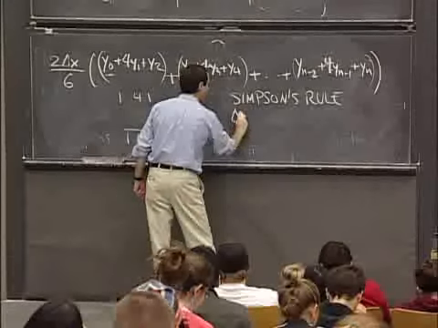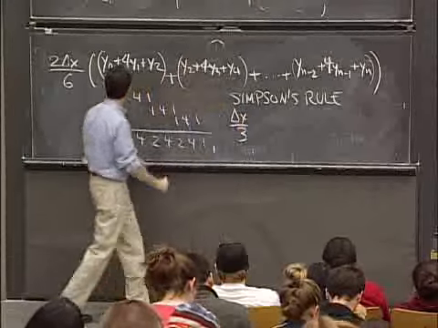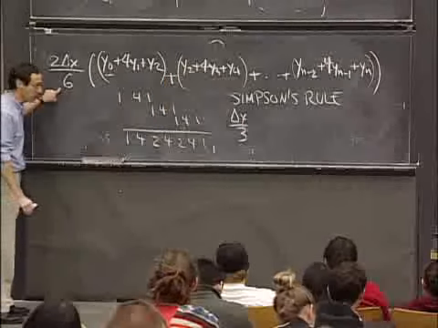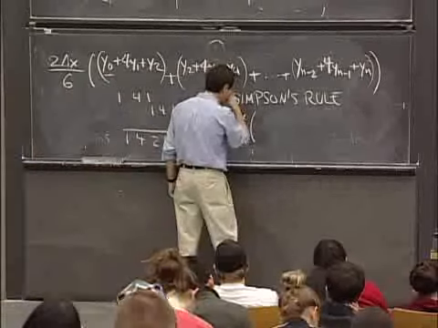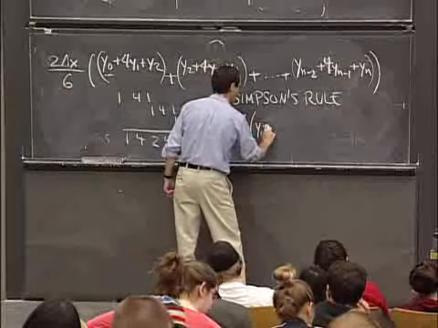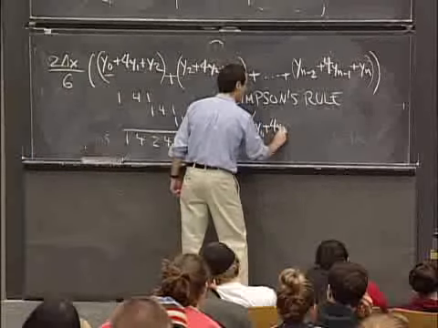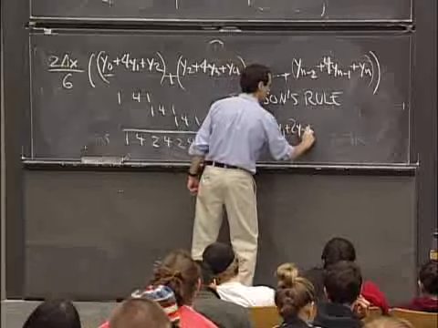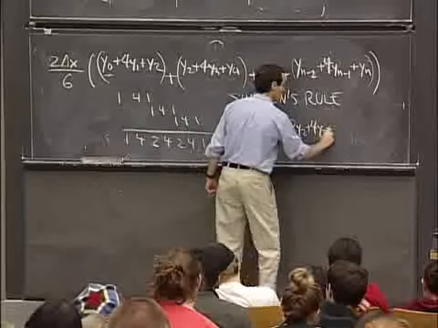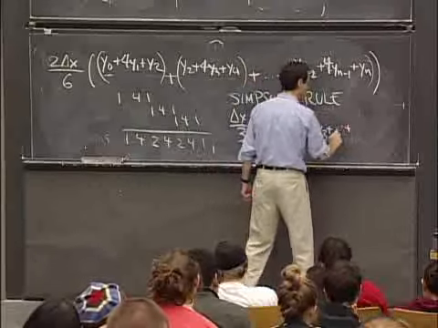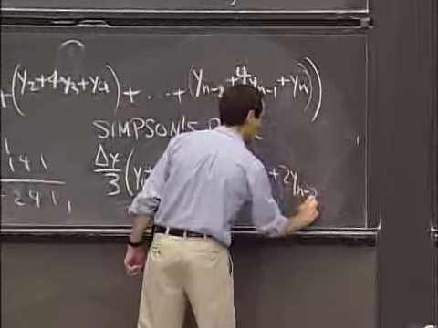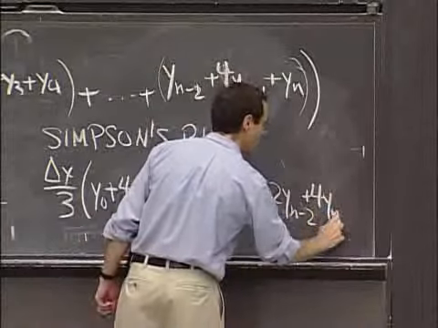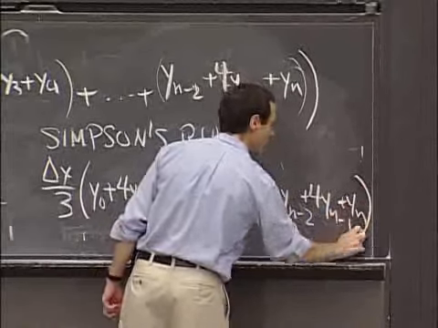So the full pattern of Simpson's rule is delta x divided by 3. I have now succeeded in canceling this 2 with this 6 and getting out that factor of 2. And then here I have y0 plus 4y1 plus 2y2 plus 4y3 plus, it keeps on going, and in the end, it's 2yn minus 2 plus 4yn minus 1 plus yn.